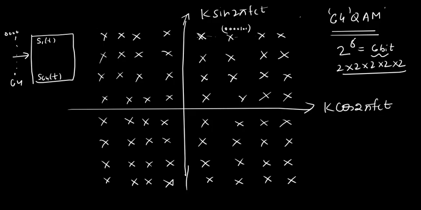You understood? If I transmit one symbol at a time, how many bits of information can I transmit? If there is a perfect channel, you transmit this for example, and at the receiver it contains 6 bits, right? Yes or no?